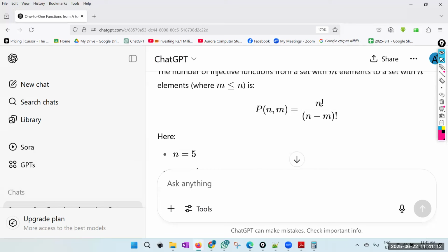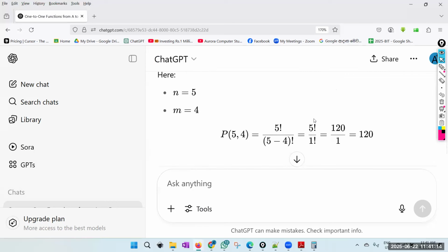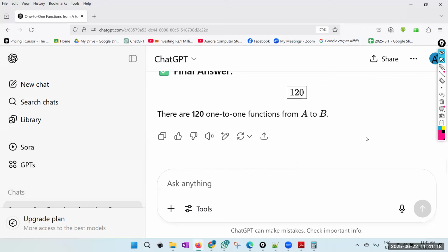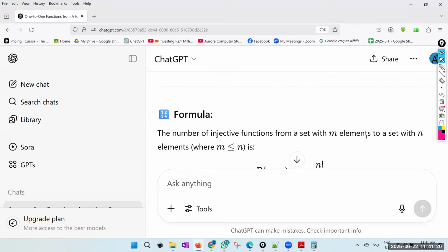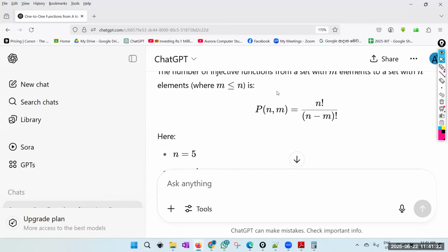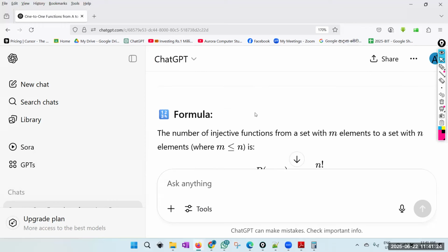So that is factorial n divided by factorial n minus m. Factorial 5 divided by factorial 1, that is 120. Does it make sense?